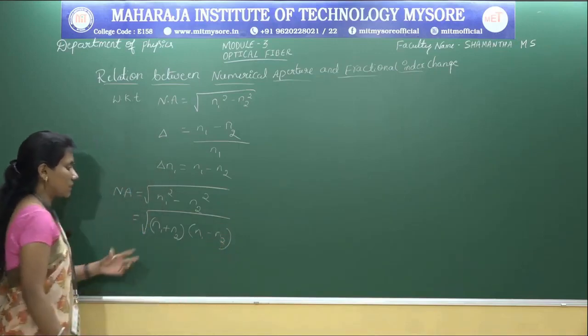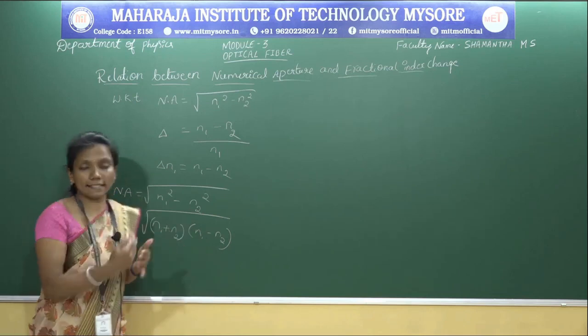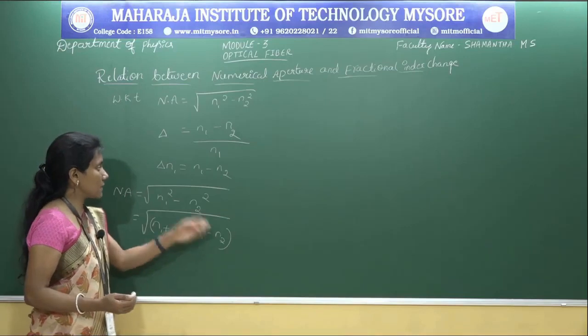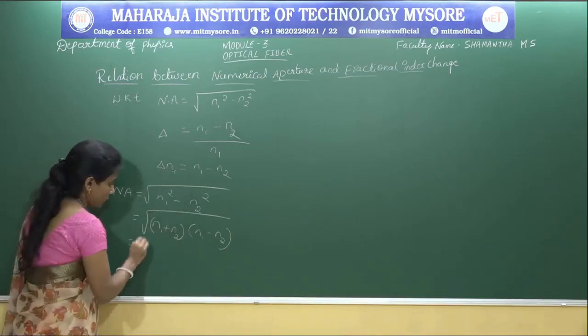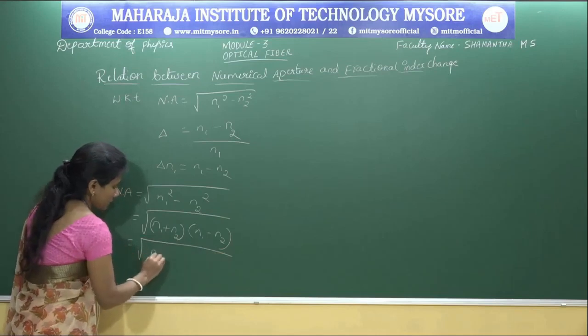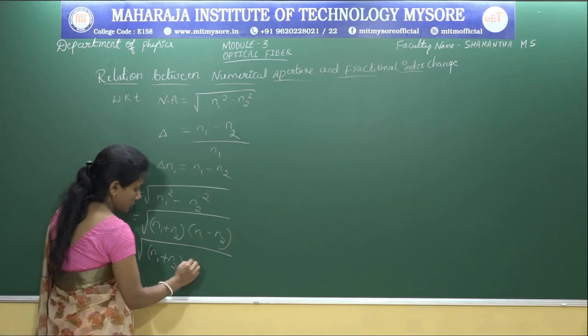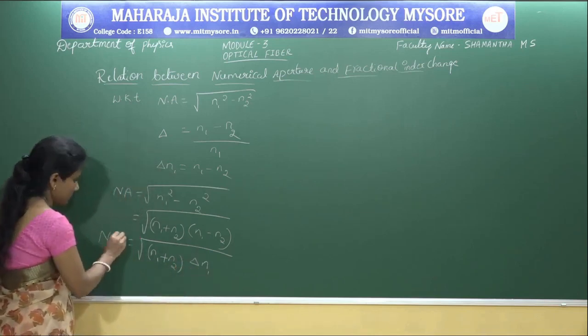But n1 minus n2 is how we can relate the numerical aperture and fractional index change. n1 minus n2 is delta n1. Substituting that, we get n1 plus n2 into delta n1, for the numerical aperture.